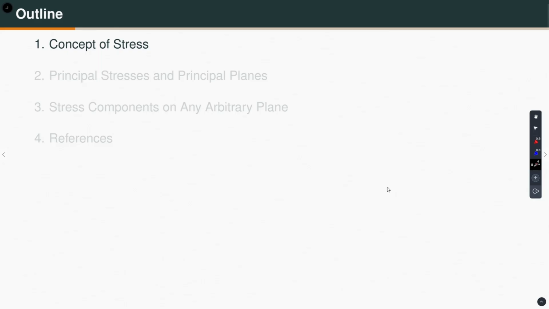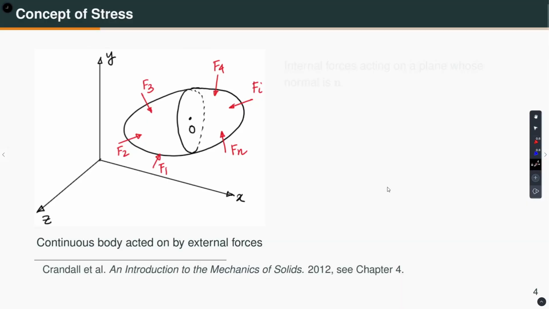We understood the uniaxial state of stress when we started with a tensile test of a steel coupon, where the state of stress was uniaxial primarily. Now let us say I have a three dimensional body as shown here. This is my x axis, y axis and z axis. And this body is subjected to some forces F1, F2, F3, F4 and so on.